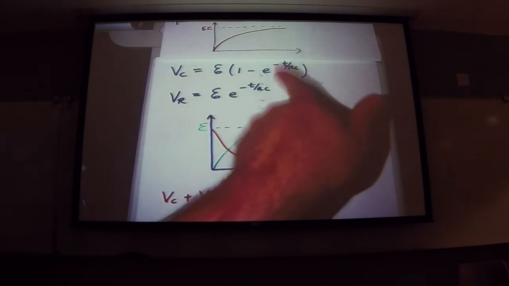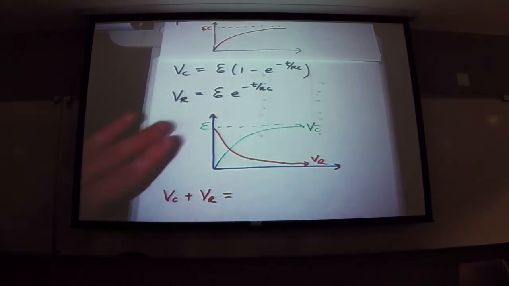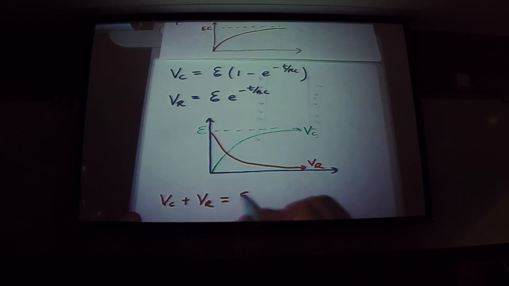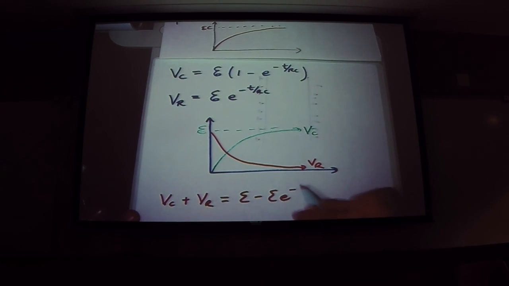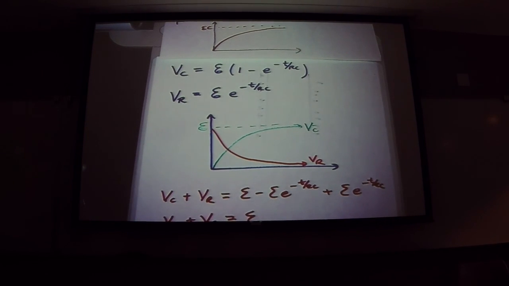What happens is the negative exponential terms cancel, and what do you get? E. Does that make sense? Yes. This is a DC circuit. The sum of the two voltages has to be equal to the voltage of the battery.